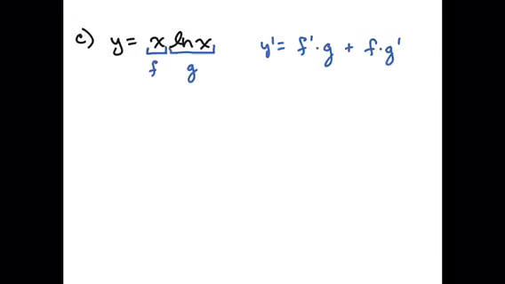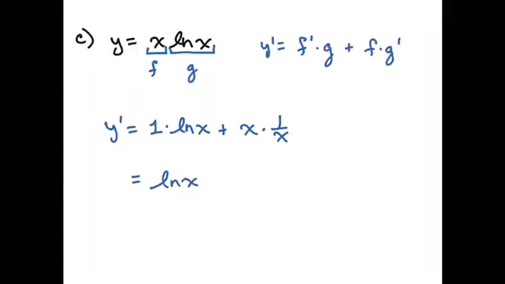So we are going to get y prime equals the derivative of the first function, derivative of x is just 1, times the second function, plus the first function, times the derivative of the second, derivative of natural log of x is 1 over x, and this simplifies to be natural log of x plus 1.